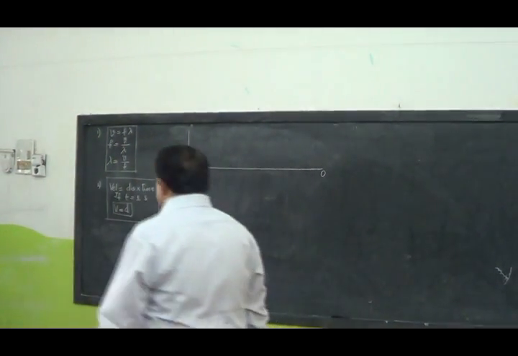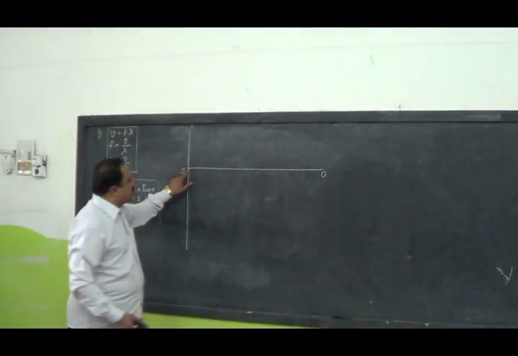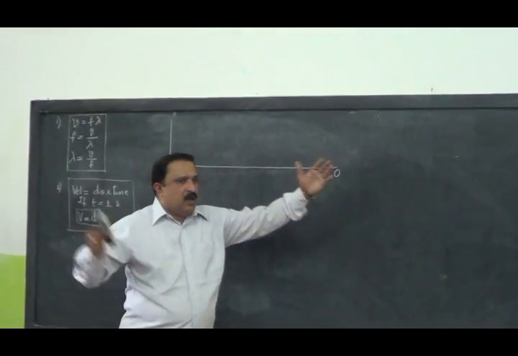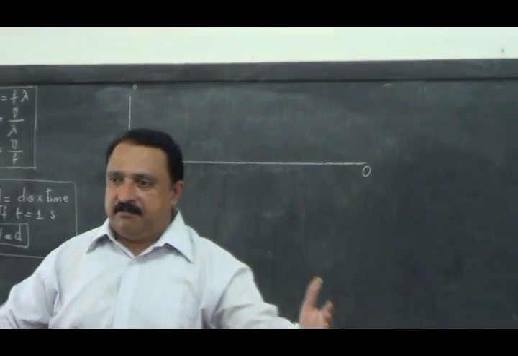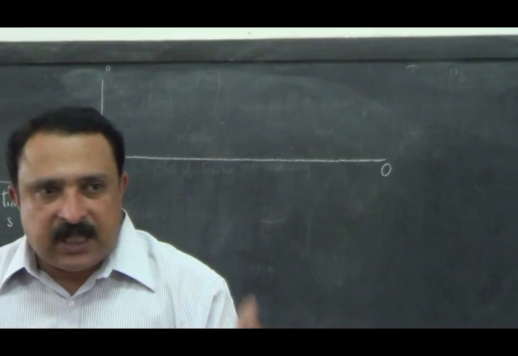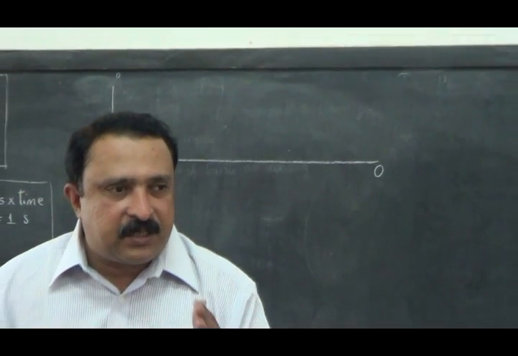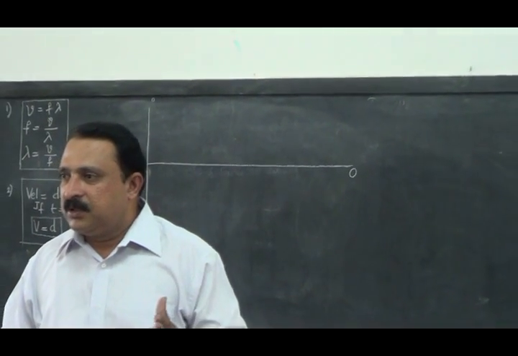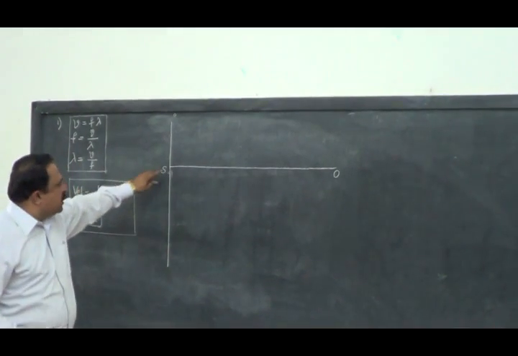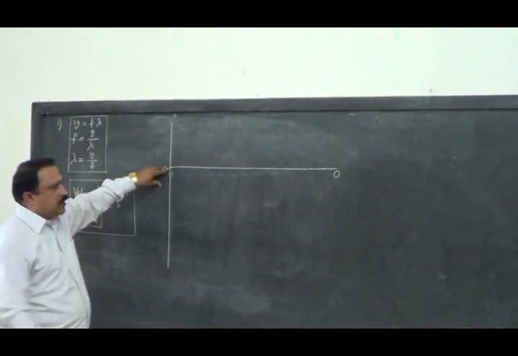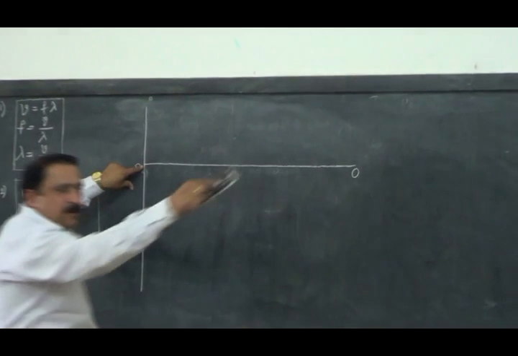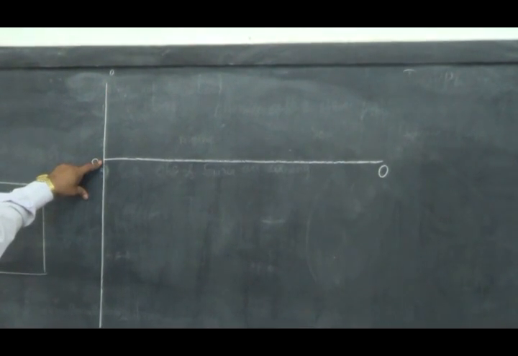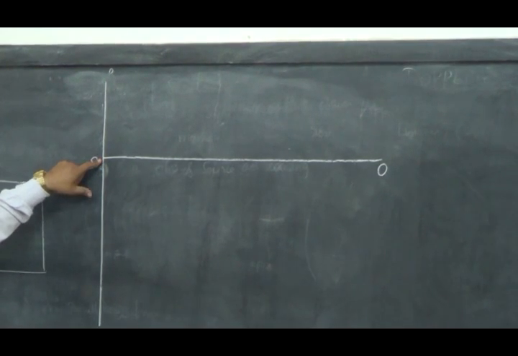Now at the beginning, at the instant, both the source and the observer are stationary. Now imagine a train is standing at a signal point and an observer is on railway platform 1 kilometer from the signal. The train is now standing, it is stationary.